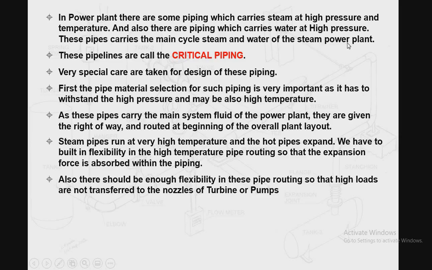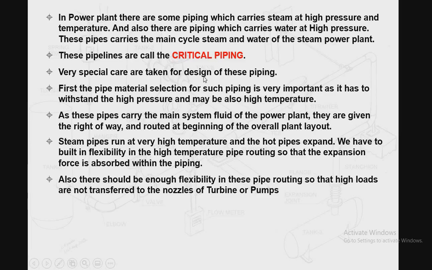In a power plant we need material that can withstand high temperature, like alloy steel with 9% chrome and 1% molybdenum. It's called P9 material, P9, P91, P92. It's used in power plants because it withstands high temperature and it is a creep resistant material. These piping are called critical piping.